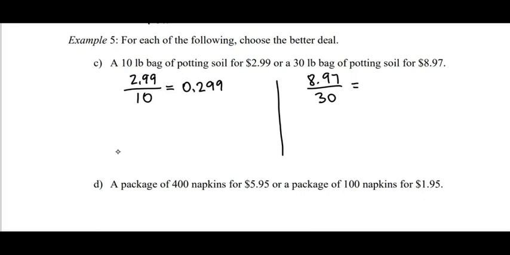Right? 8.97 divided by 30 is going to be 0.299. So what's the better deal? None of them, they're all the same. Same unit price. Just depends on how much of the potting soil you need. But these deals are exactly the same.